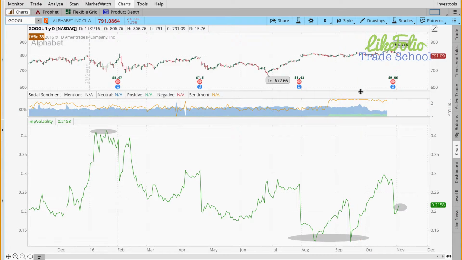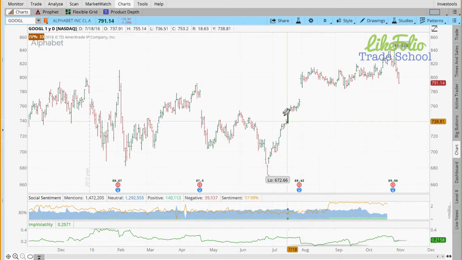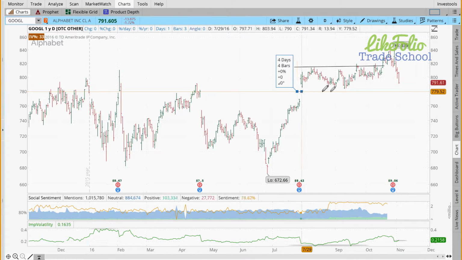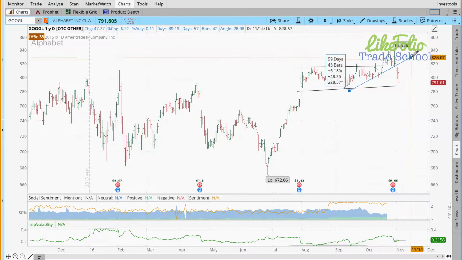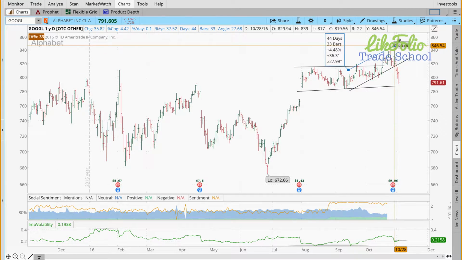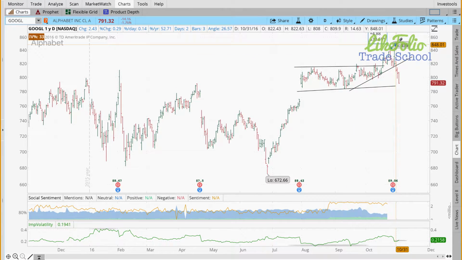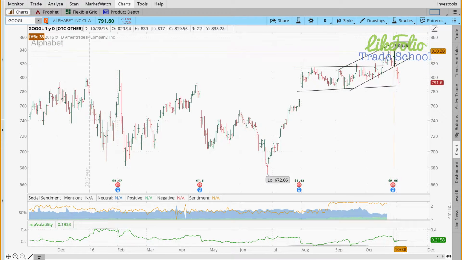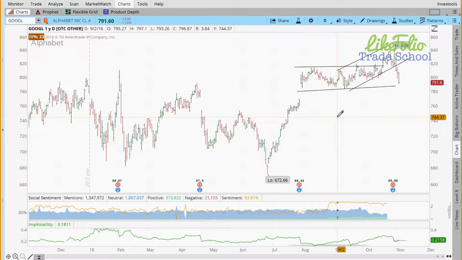Looking at the chart itself, I noticed that we've kind of stalled out a bit and we're seeing some downside pressure here. So we really just kind of saw sideways momentum going on. Then it finally kind of started to break a bit higher. That was fairly short-lived, and now we're seeing some pretty significant downside pressure taking place as we speak.